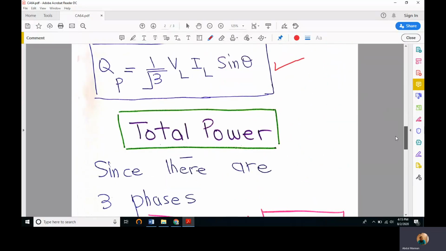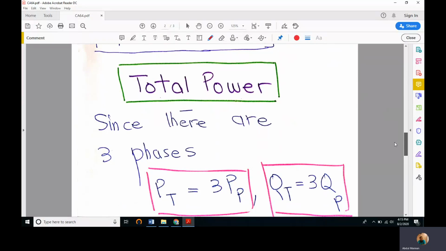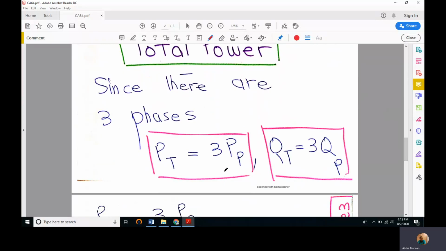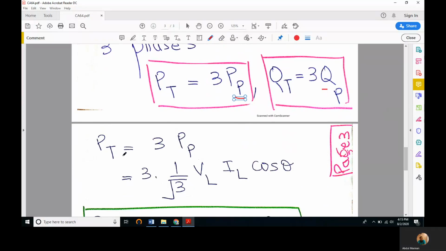So what should be the total power then? It's very simple. The total power should be 3 times the per phase power. We have studied the expressions for per phase power, P sub P and Q sub P, in terms of phase and line quantities. One of the expressions for per phase power is in terms of line voltages.